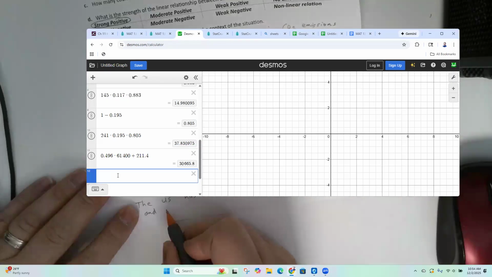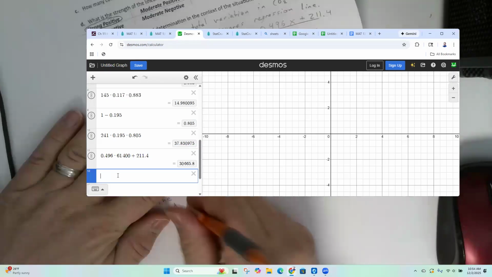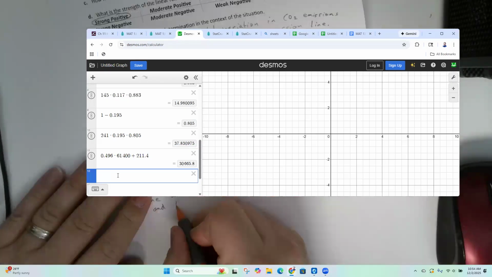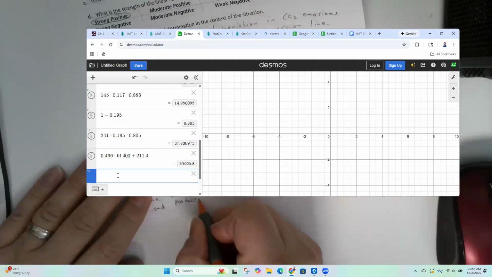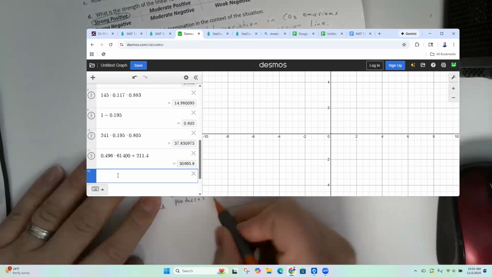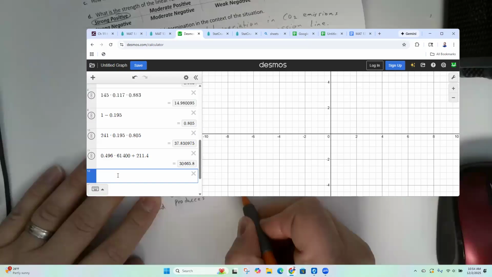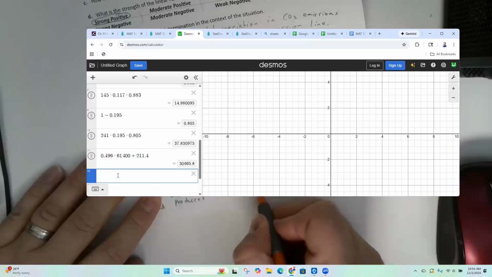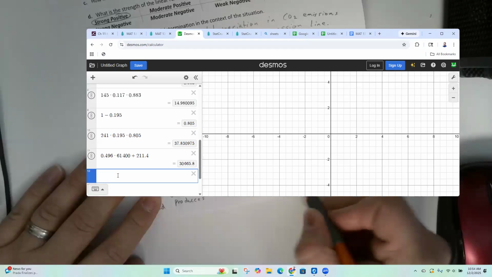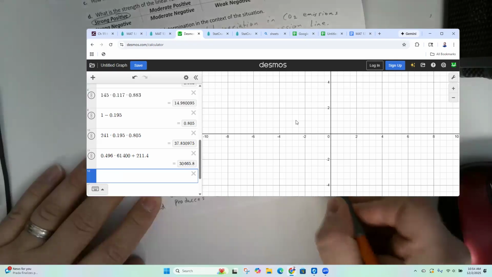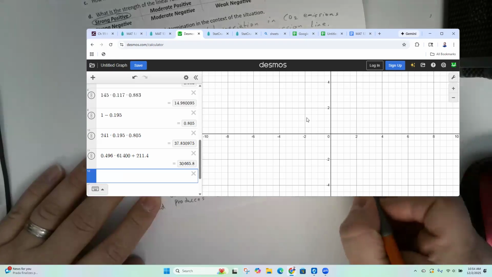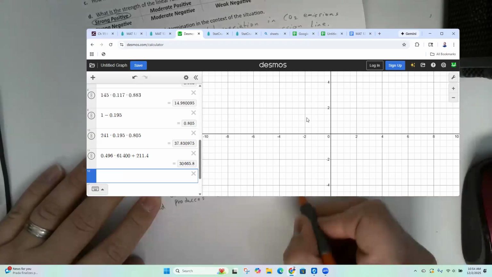And produces CO2 emissions of 30,665.8 pounds of CO2 per person each year.